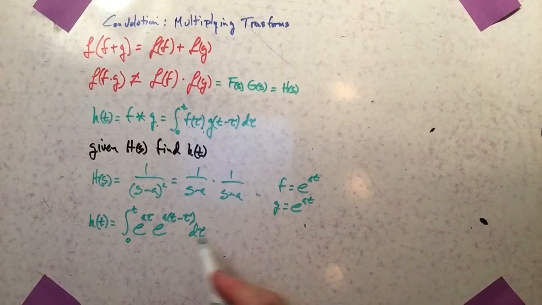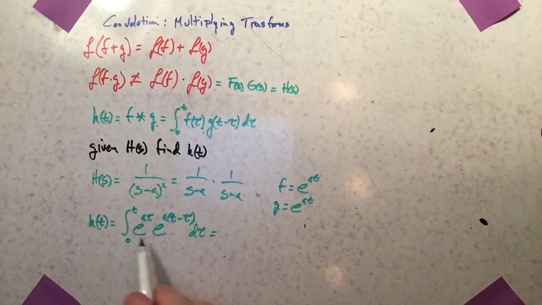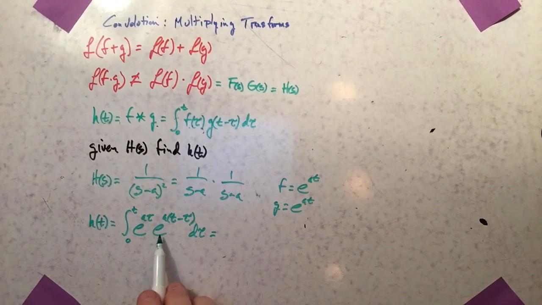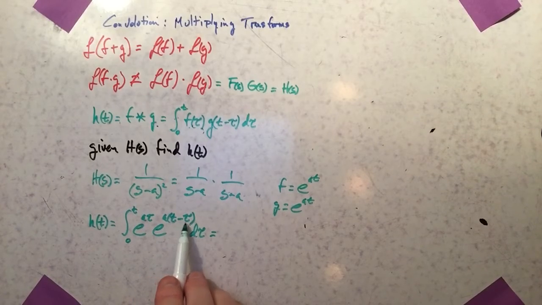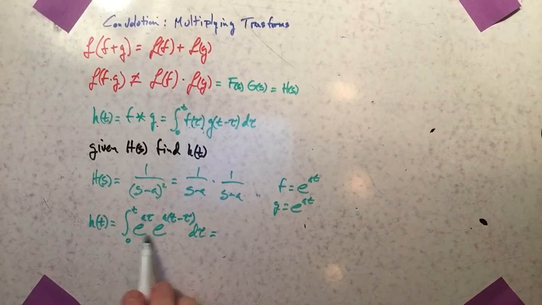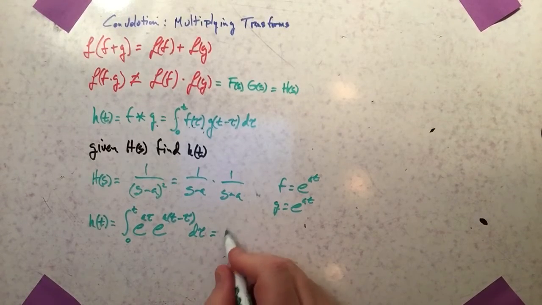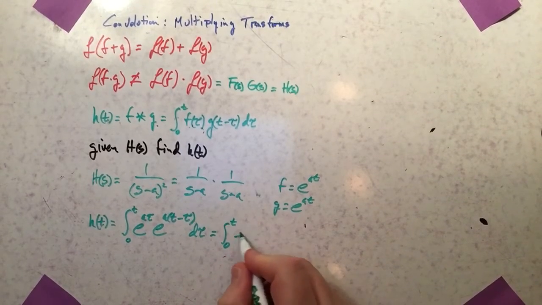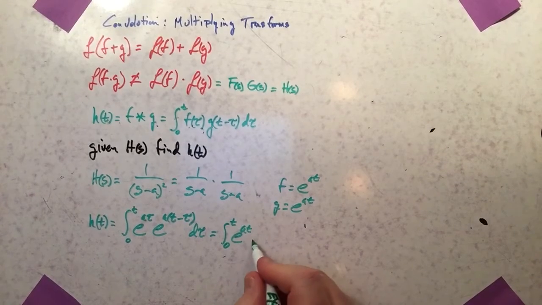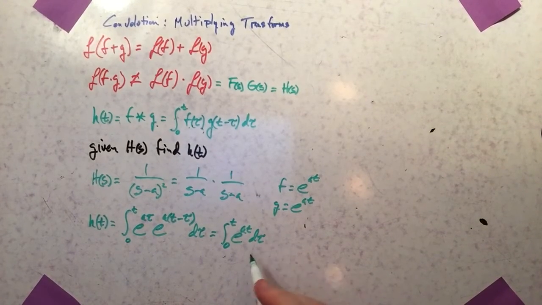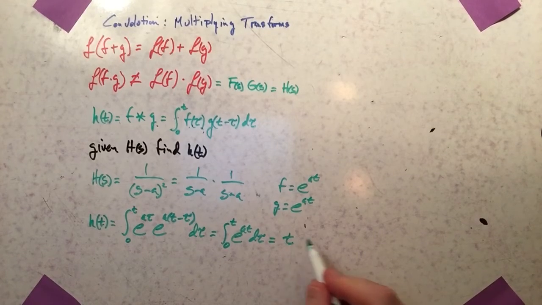And this is a pretty easy integral to evaluate. E to the a tau times e to the a t minus tau is e to the at minus a tau plus a tau. So if I put them all with a single exponent, it's just the integral from 0 to t of e to the at d tau. Well, e to the at, that's just a constant. It can come out. And the remaining integral is tau evaluated between t and 0. That's just t. So this is t e to the at.